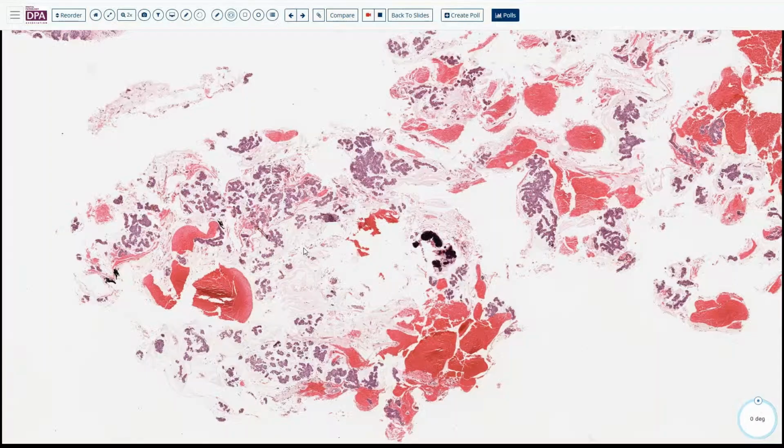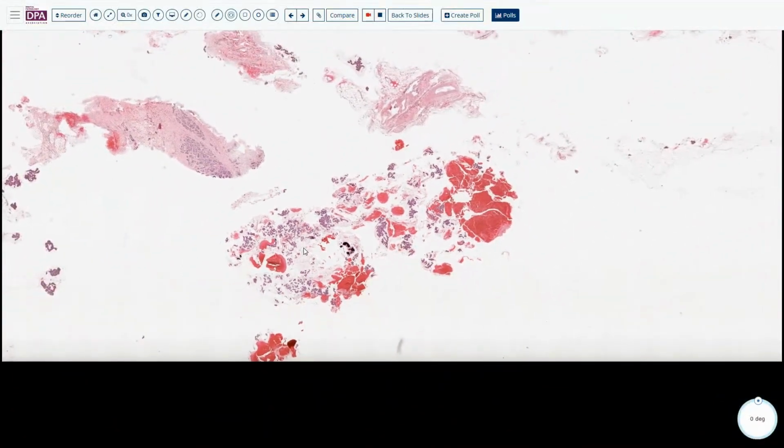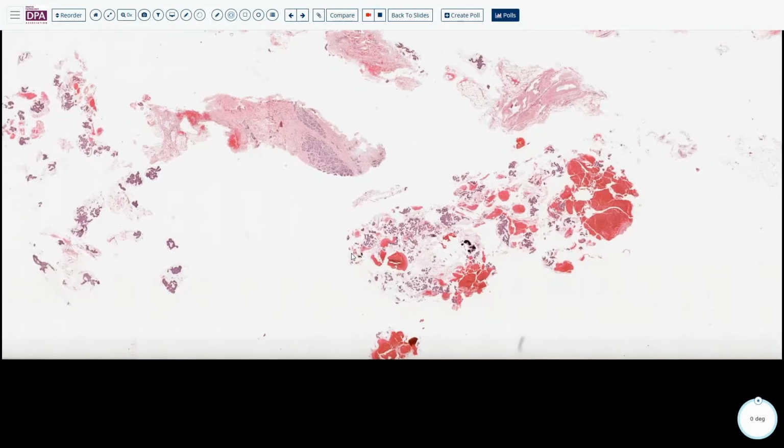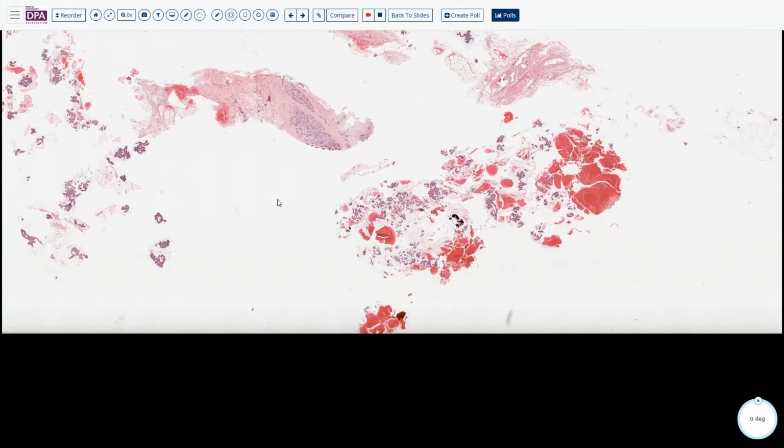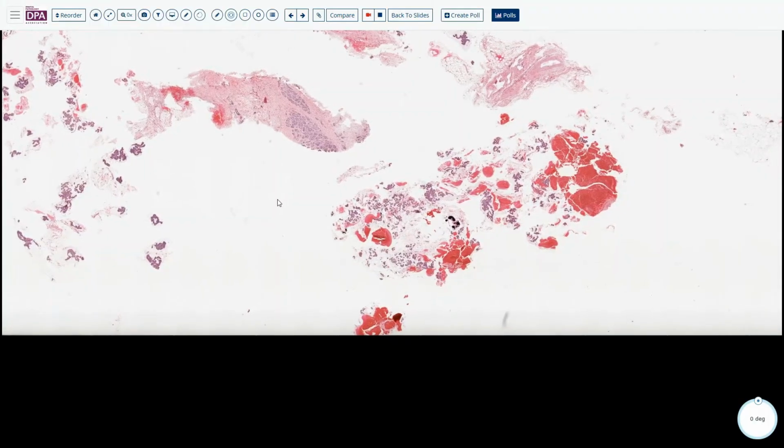A true mucinous carcinoma, by definition, should be more than 90% of the surgical specimen, and this core biopsy may represent less than 10% of the whole tumor, so you could not tell the provider the diagnosis is mucinous carcinoma.